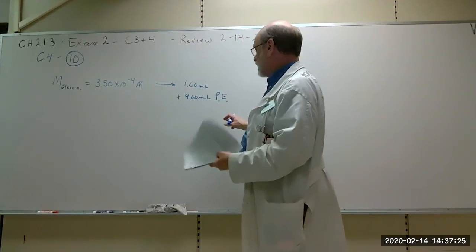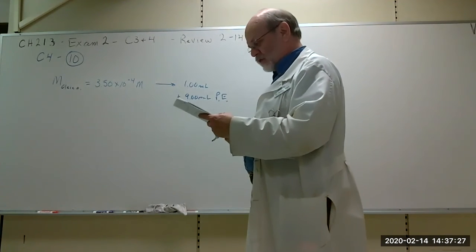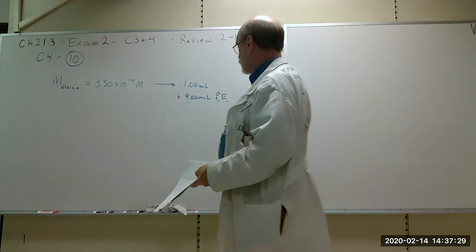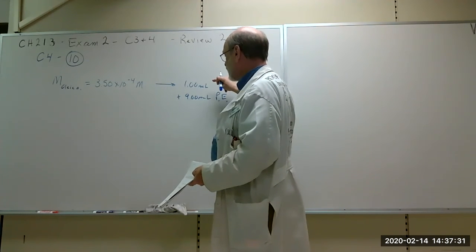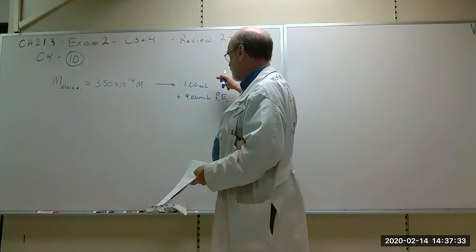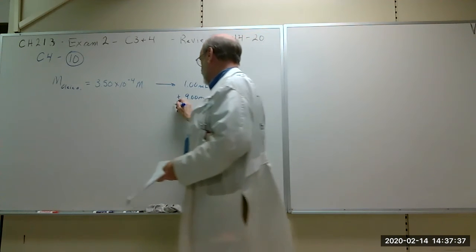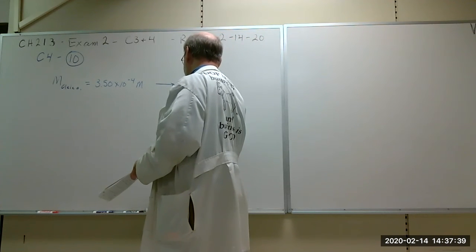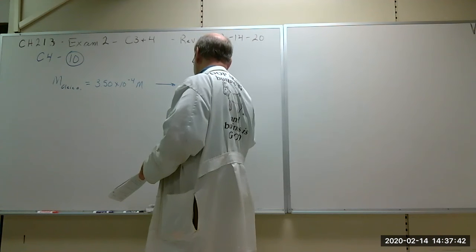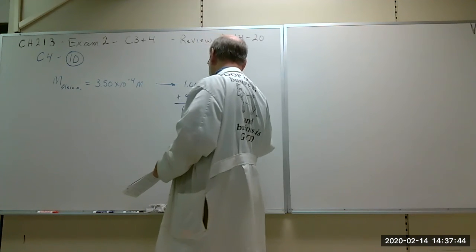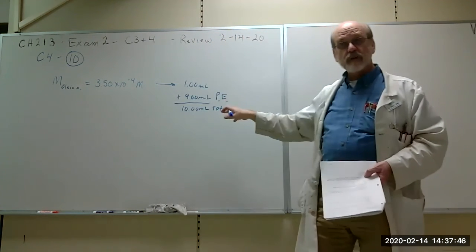But here's what we have to assume. We have to assume that when we put 1 milliliter of this together with 9 milliliters of that, the total volume now is 10 milliliters. That's our first assumption, right?